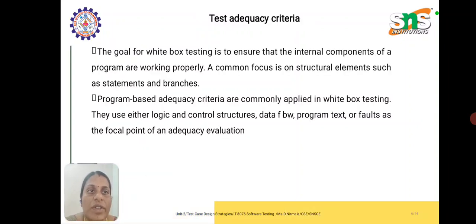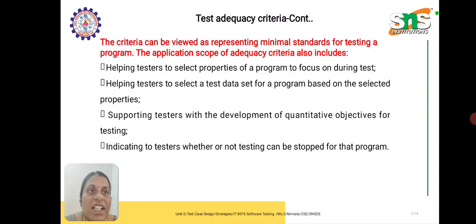The goal of white box testing is to ensure that the internal components of a program are working properly. The common focus is on structural elements such as statements and branches. Program-based adequacy criteria are commonly applied in white box testing. They use either the logic or control structures, data flow, program text, or faults as the focal point of the adequacy evaluation. The criteria can be viewed as representing minimal standards for testing a program.